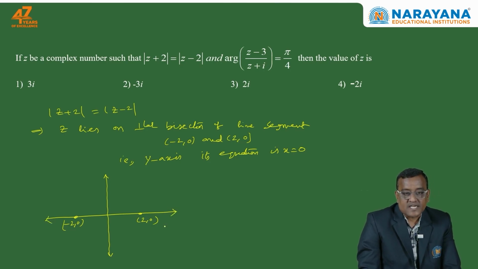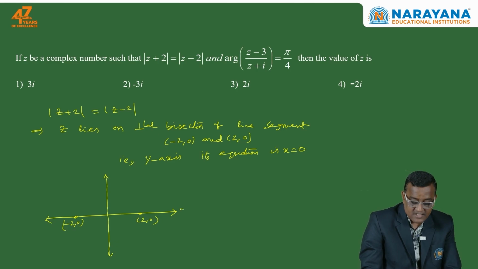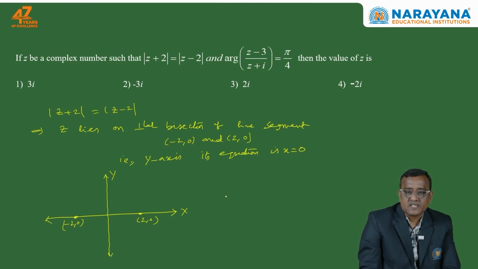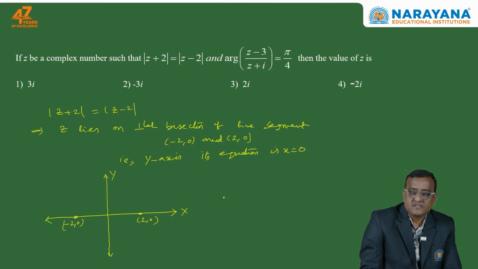Now our z satisfies the y-axis as well as this other condition. The argument of (z minus 3) by (z plus i) equal to pi by 4 is a circular arc with a chord joining 3 comma 0 and 0 comma minus 1.